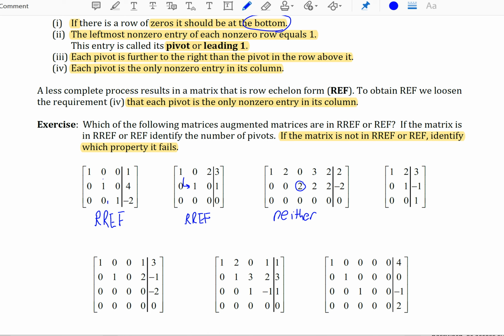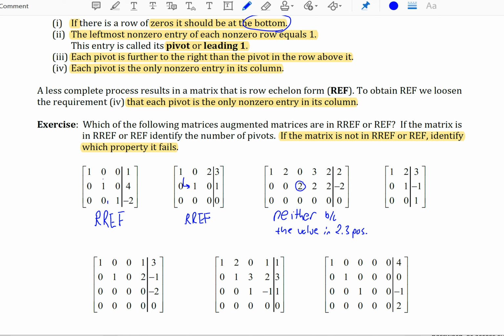Because then it would be every pivot is down and to the right of the pivot above it. Every pivot is the leftmost entry. Every pivot is the only non-zero entry in the column. It's neither, though, because the value in the second row, third column, in the 2, 3 position. That's why it's not an RREF. Otherwise, I'm okay with this.